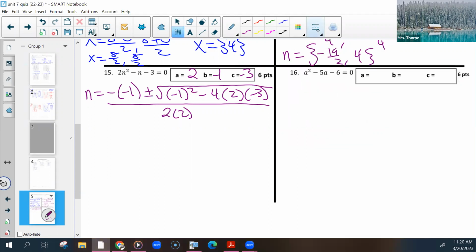Okay, so we set this up. Start to simplify. So n equals 1 plus or minus the square root of 1 plus 25, over 4.